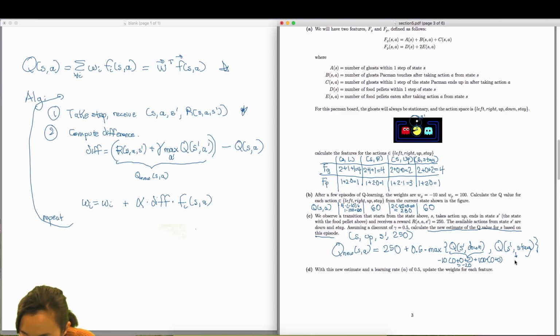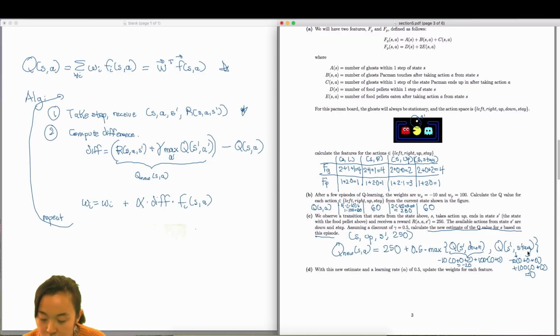And then we're going to do the same exact thing for Q stay. So it's -10 times the number of ghosts currently next to us in S prime, which is 0, plus the number of ghosts we'll encounter by staying, which is 0, plus the number of ghosts in where we end up after staying, which is still S prime, so 0, plus 100 times the number of pellets within one step of us, which is 0, and then the number of pellets we consume by staying, which is 0.